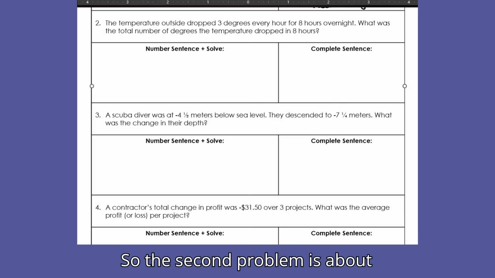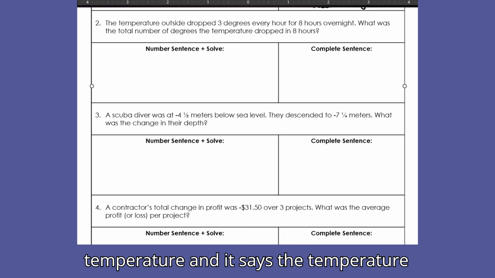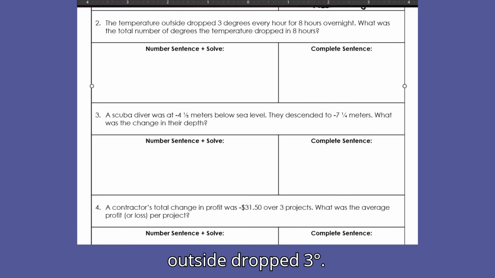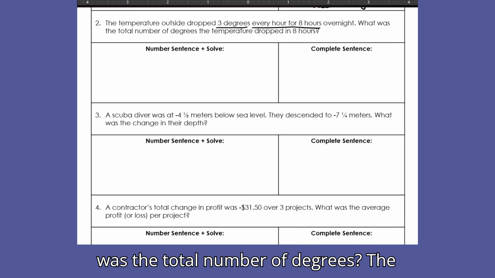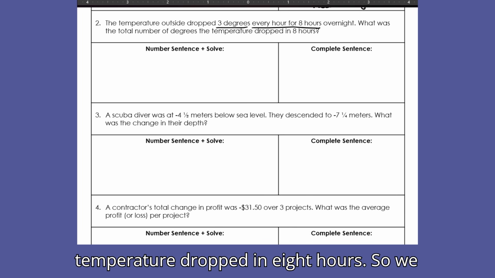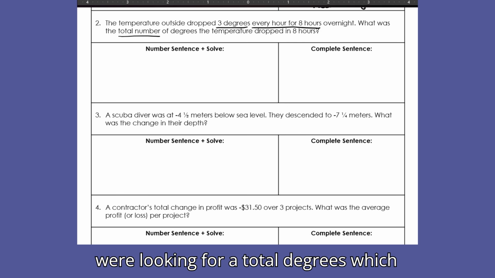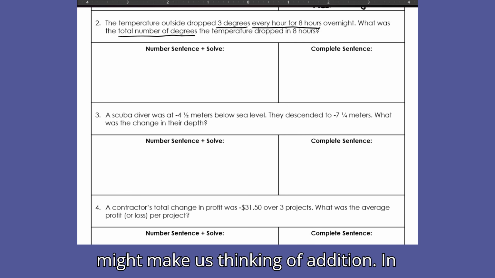So the second problem is about temperature, and it says the temperature outside dropped 3 degrees every hour for 8 hours overnight. What was the total number of degrees the temperature dropped in 8 hours? So we're looking for total degrees, which might make us think of addition. In a way, it is.